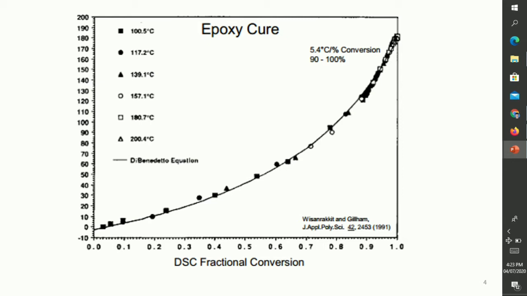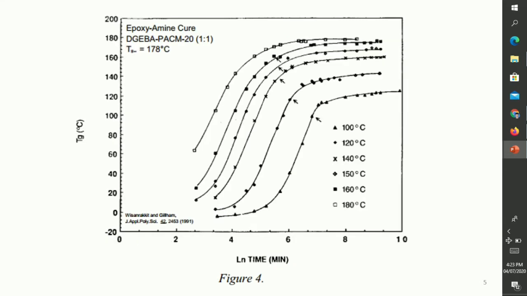Because of the one-to-one relationship between glass transition Tg and conversion, dynamic mechanical analysis is capable of monitoring progress of the cure reaction through measurements of glass transition, as shown in this figure 4.